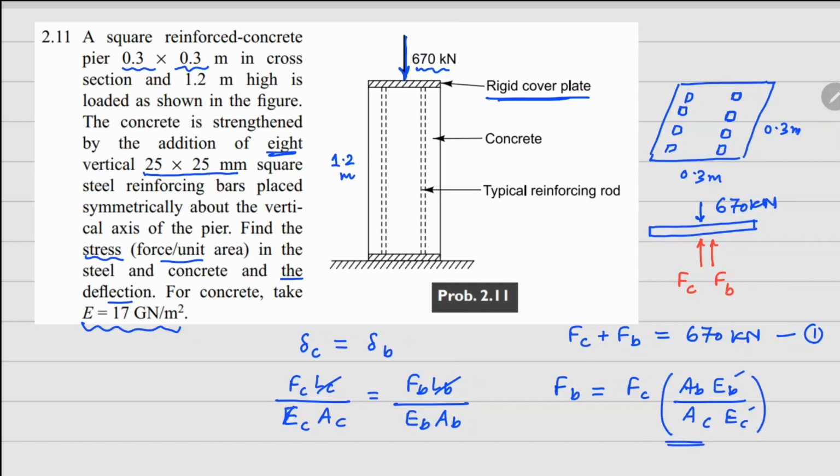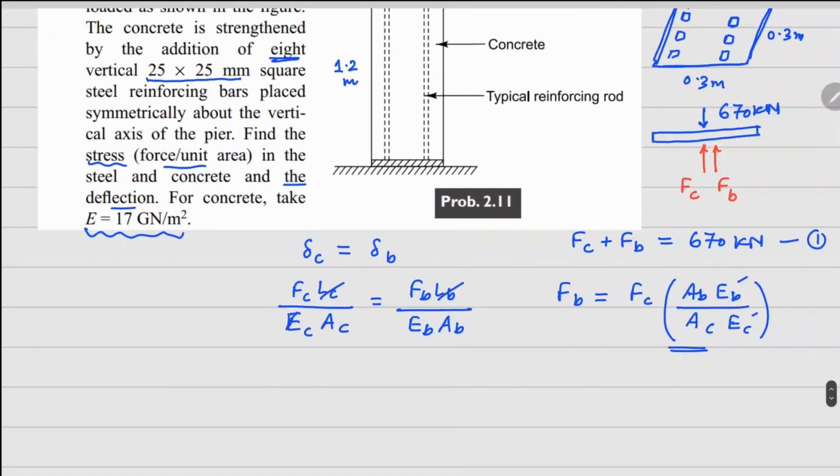Now let's look at the area there. So going back to this figure on the top that I have drawn, the total cross section area is 0.3 into 0.3 meters square, and this is coming from both concrete as well as your 8 bars that we have, right?